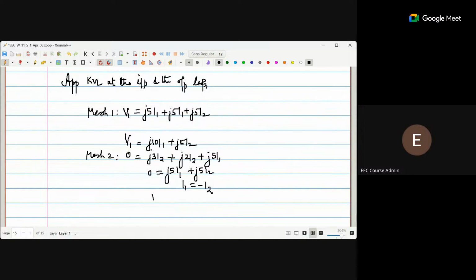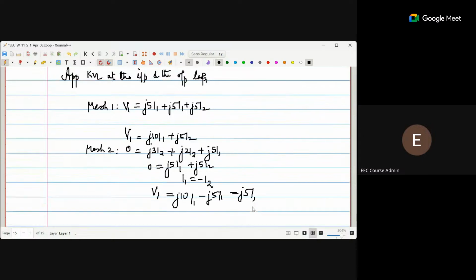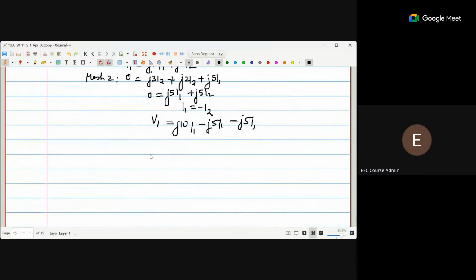If you substitute it in V1, V1 will be J10 I1 minus J5 I1. So that will be equal to J5 I1. So input impedance will be V1 by I1.